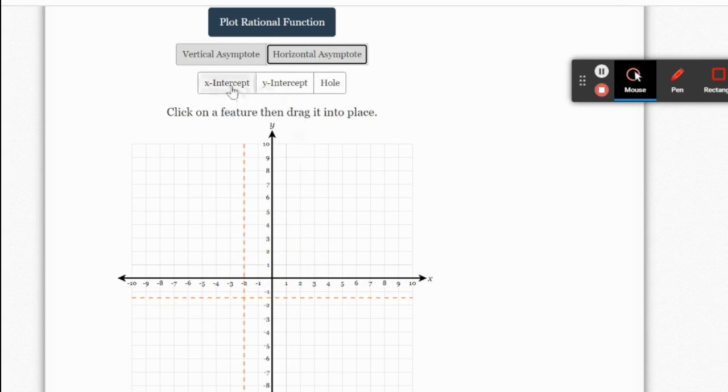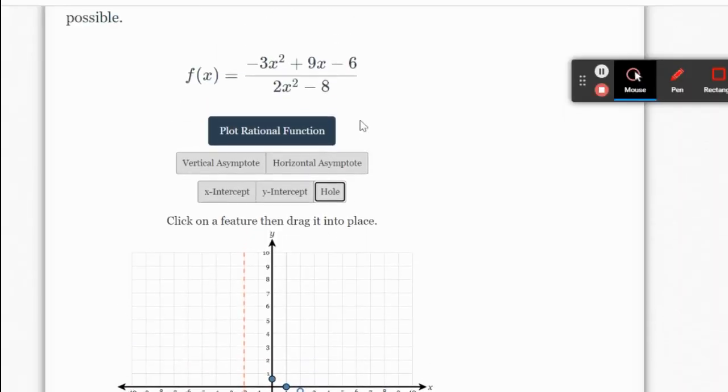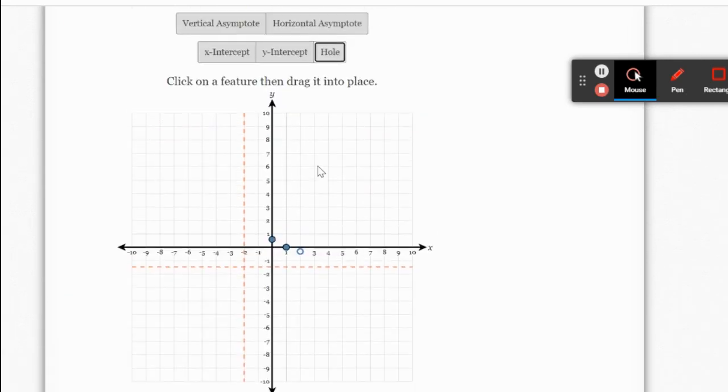And then we've got an x-intercept, the y-intercept, and then a hole right in there. A little bit tighter. So that should match up with my graph that I've got here. Go back to the slide.